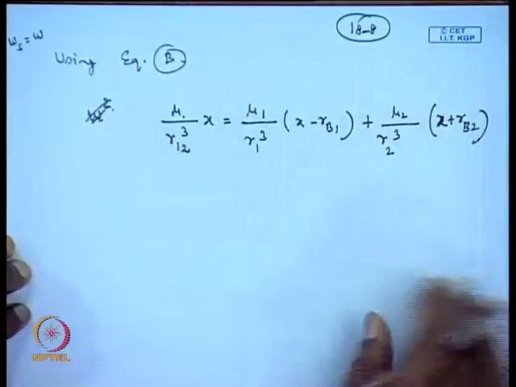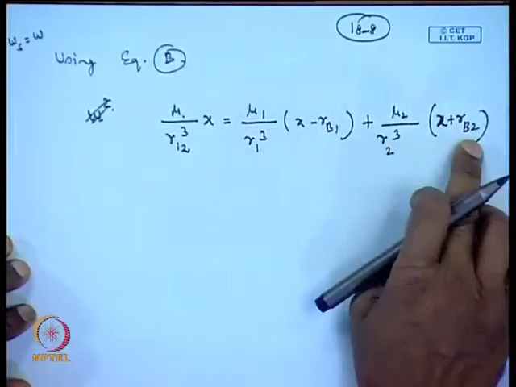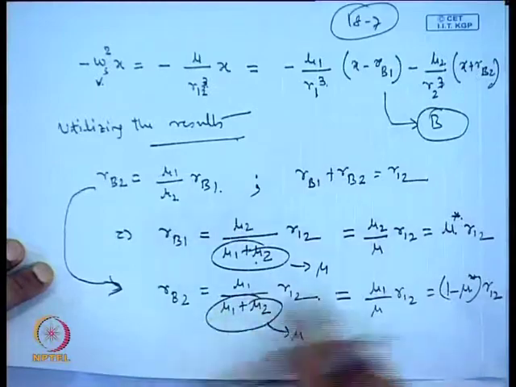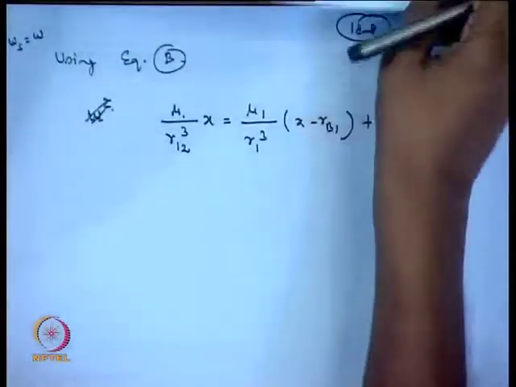Plus mu2 by r2 cube times x plus Rb2. Now, Rb1 and Rb2 we have just found out in this place, so we can insert them into this equation.